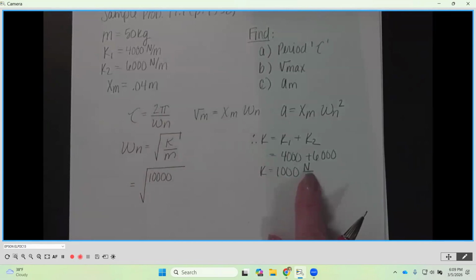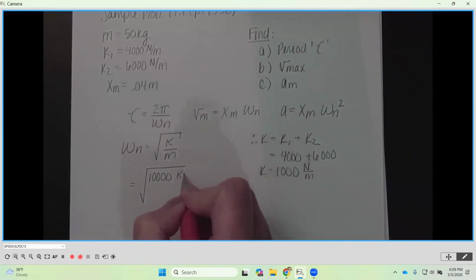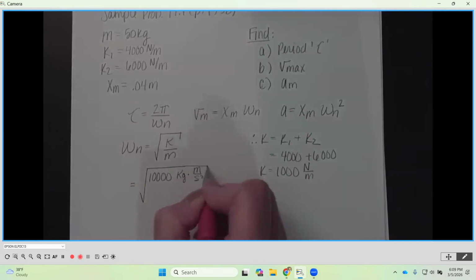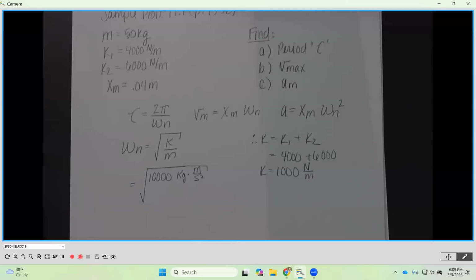Now, if you recall, a Newton expanded out is a kilogram meter per second squared, so kilogram times meter per second squared, because it's mass times gravity, right? And then that's per meter underneath. That's going to be the full units there.